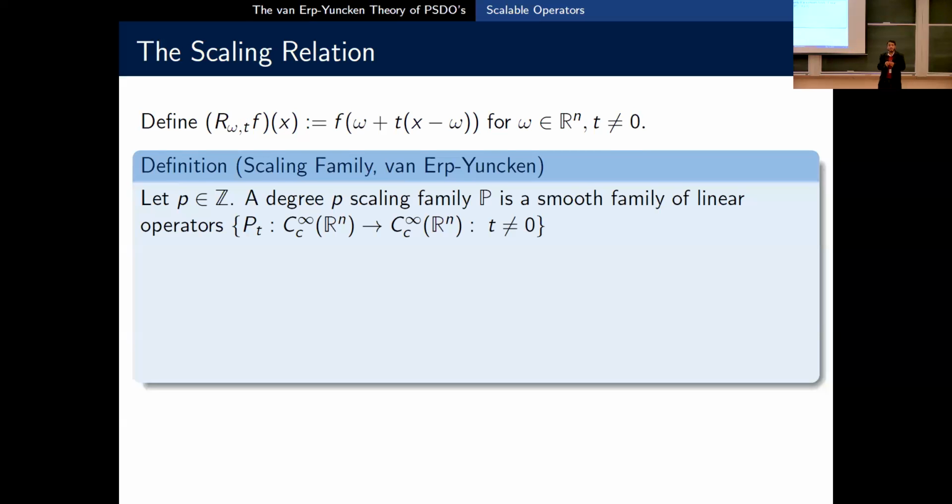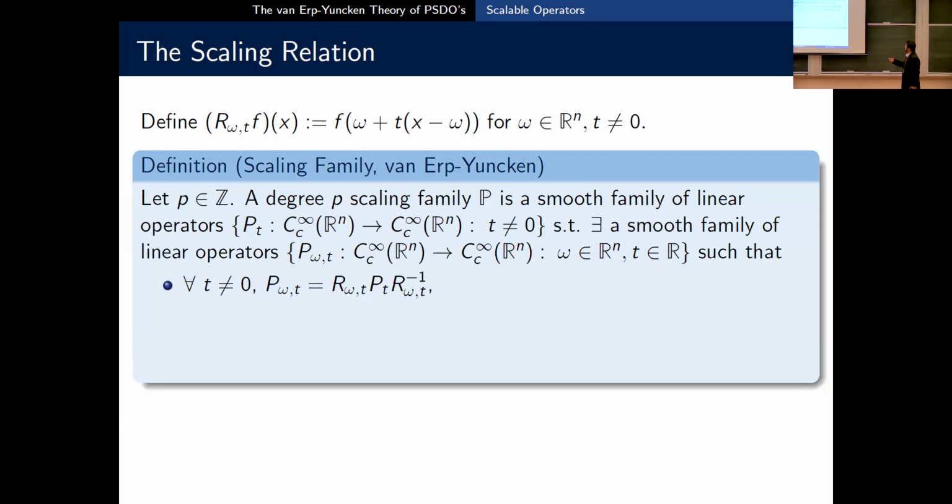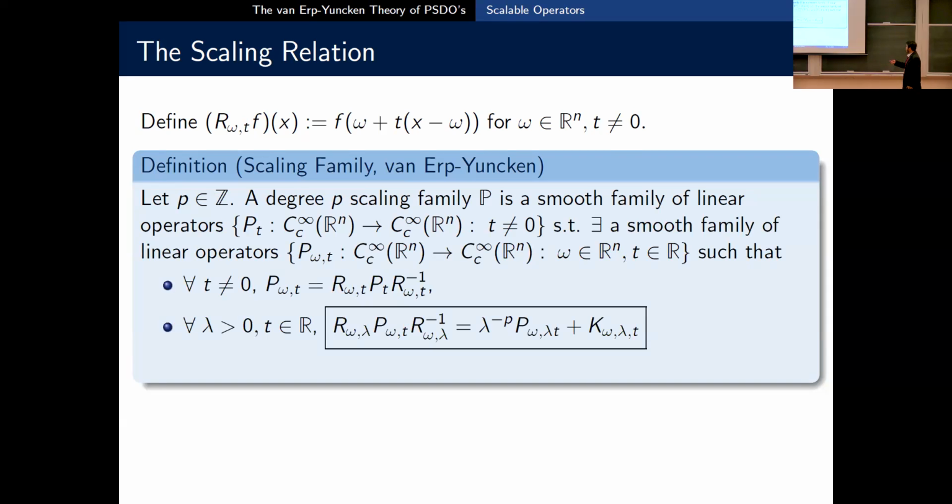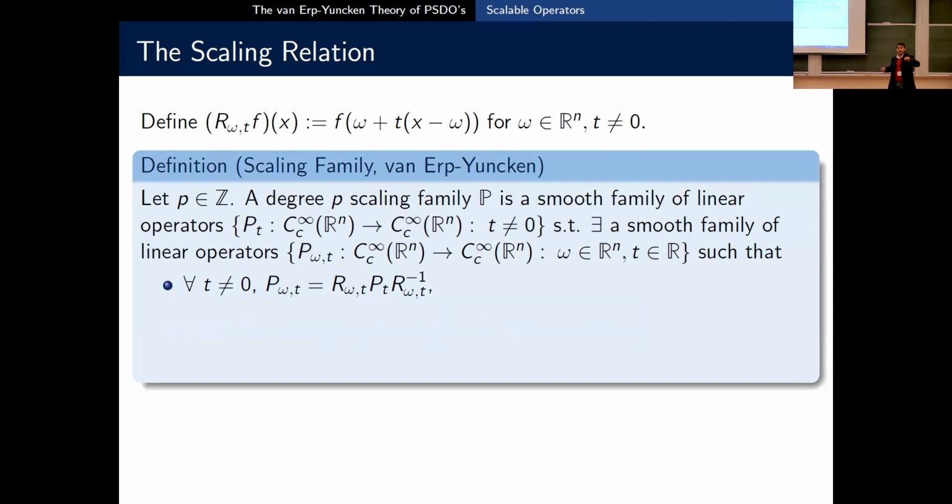It is a family of operators for every non-zero t, such that each such operator produces another family of operators for every omega, and this new family should extend to t equals 0. The old family was not defined for t equals 0. This new family should smoothly extend to t equals 0, as we saw for the differential operator case.